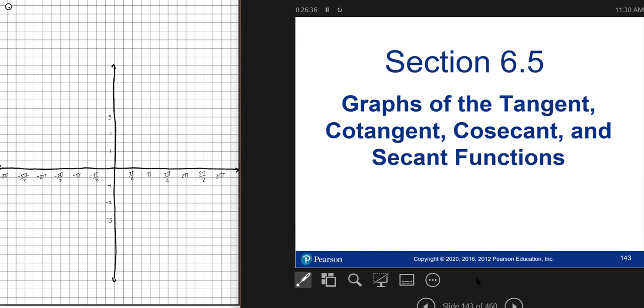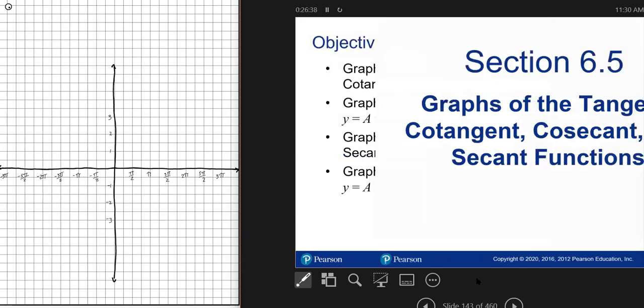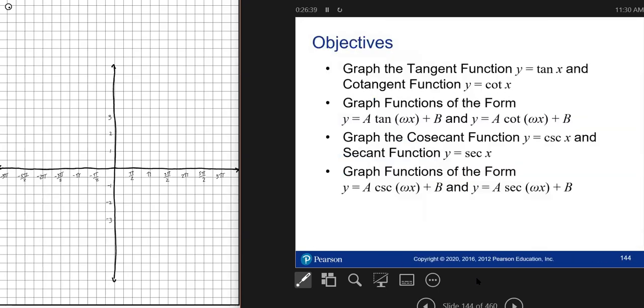Okay. So we're going to look at tangent, cotangent, secant, and cosecant, the same way we've been looking at sine and cosine.